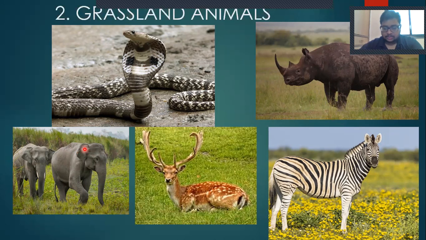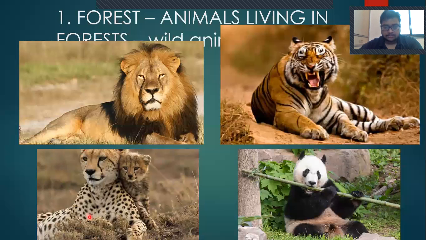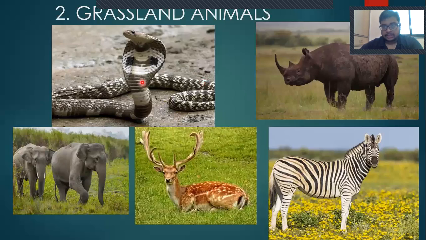In fact, in the grasslands you can also find cheetahs and many things. It's not 100% sure that tigers and lions only stay in forest. They can also stay in grasslands and many other habitats. But over here, I am telling you where they are more prominent, or where they can be found most.